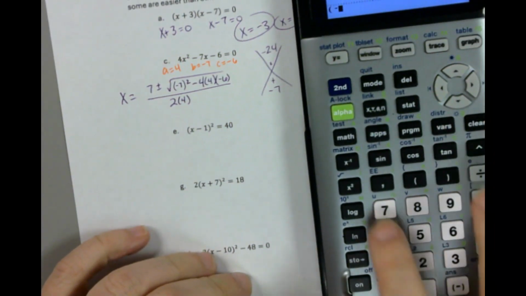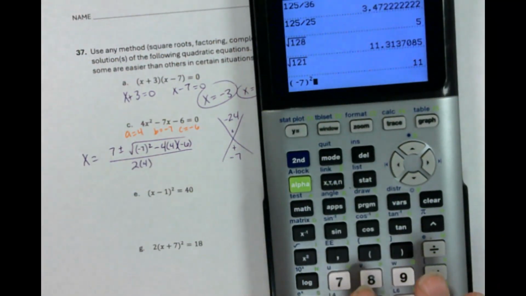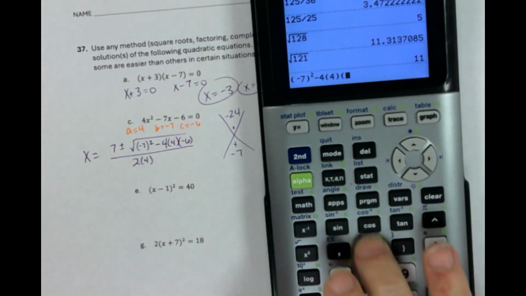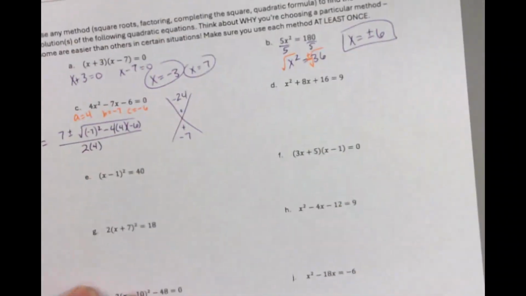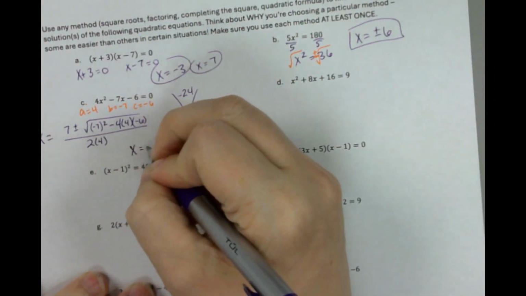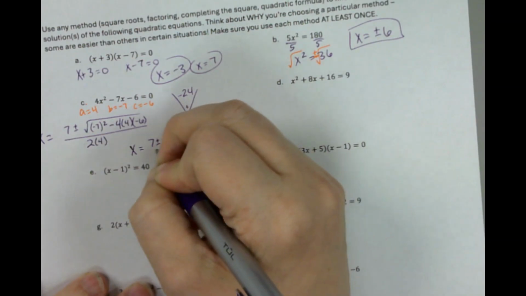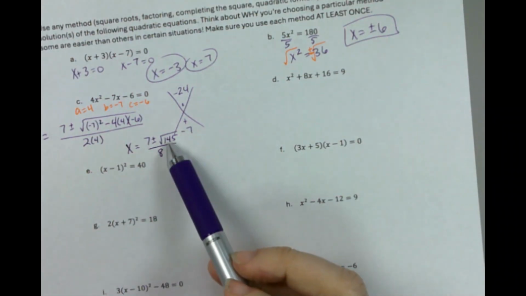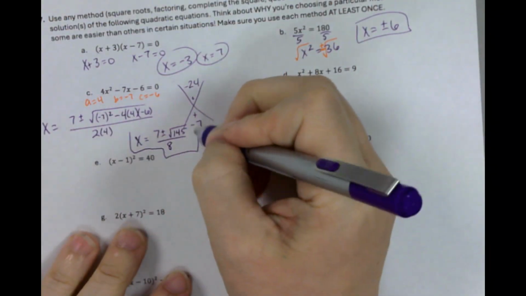So parentheses, negative 7 squared. Make sure you have parentheses or else your calculator will square it wrong. Minus 4 times negative 6, and I get 145. x equals 7 plus or minus the square root of 145 over 8. There actually aren't any perfect square factors of 145, so we keep this.